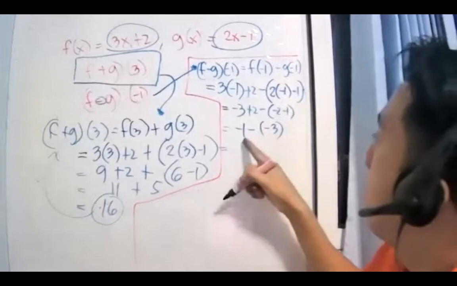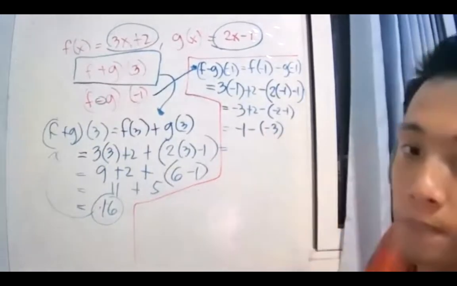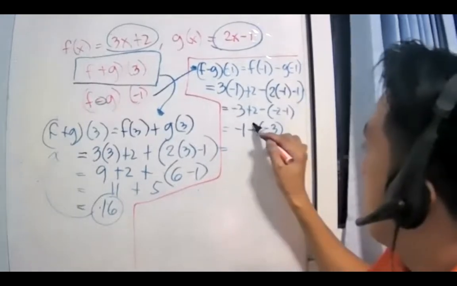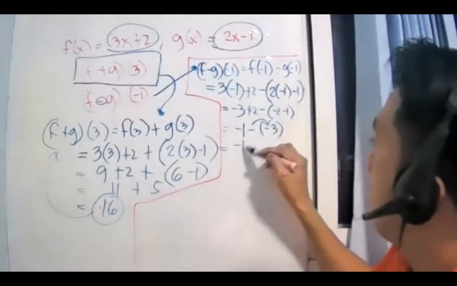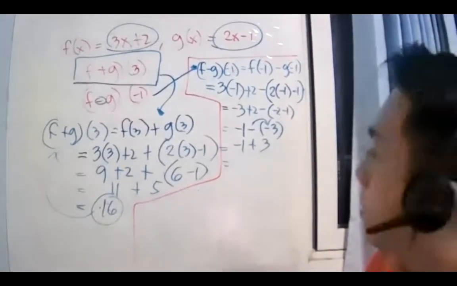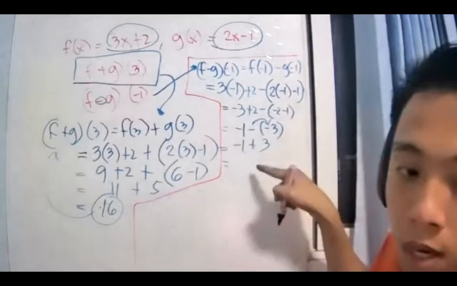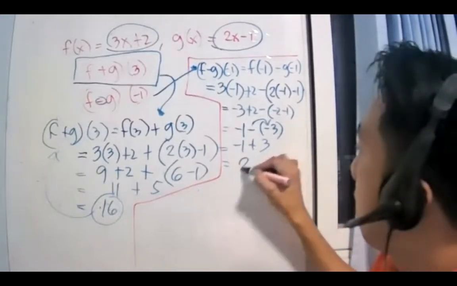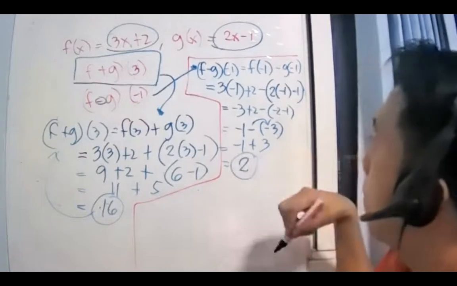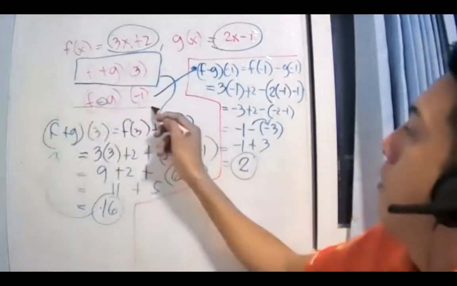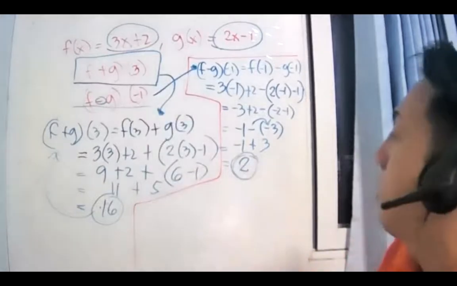Now, negative 1 minus negative 3. Okay, we will apply this one. So what is negative times negative? It will become positive. Okay, so what is negative 1 plus 3? Negative 1 plus 3 is positive 2. So therefore, the answer for f minus g of negative 1 is positive 2.